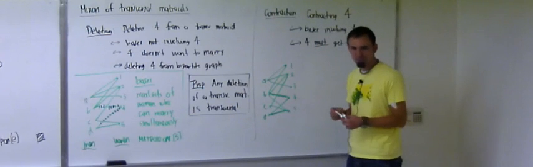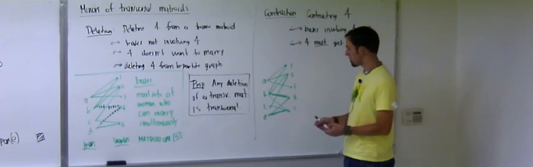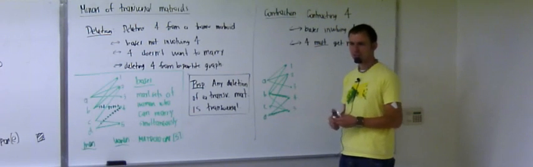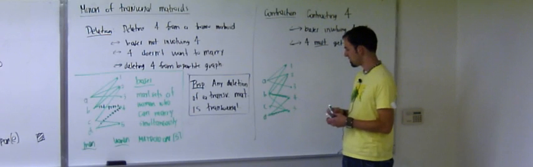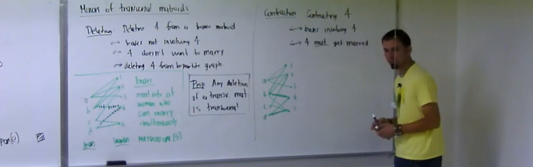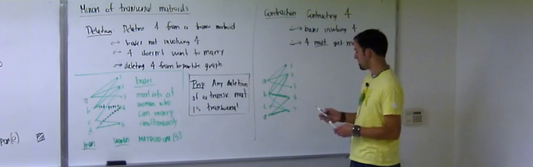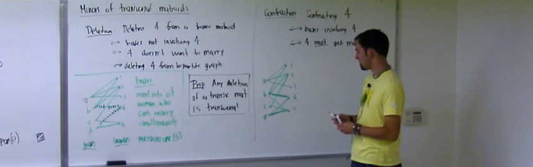My suggestion is that we merge B and D into the same vertex. That sounds a little bit like a graph contraction, and then we delete 4 completely from our picture. Let me follow my line of reasoning for a minute.